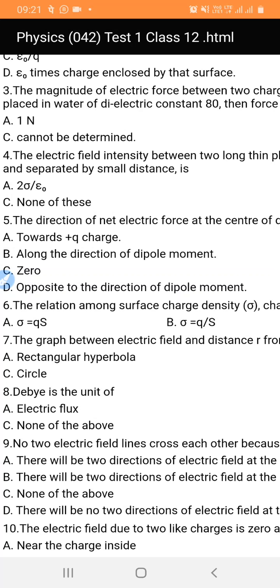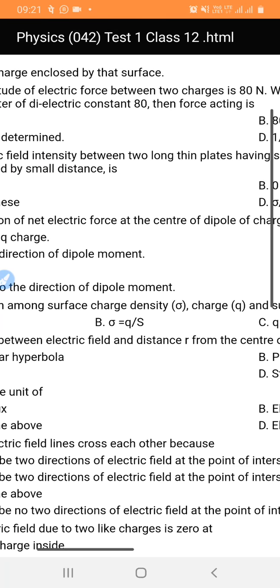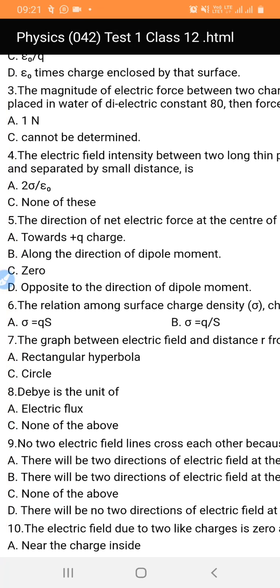So you have to find the net electric force at the midpoint between two charges. Minus q and plus q are the two charges. So the direction will be towards minus q charge.